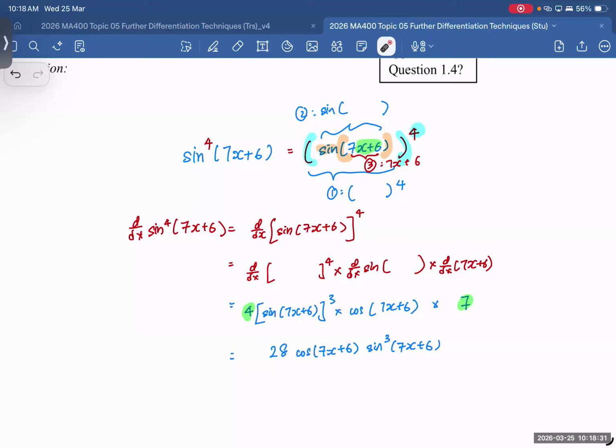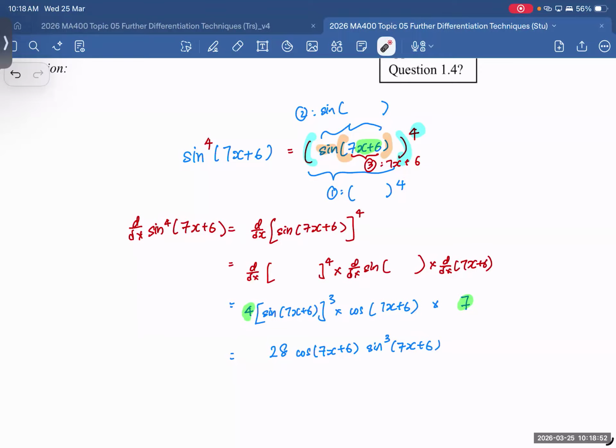I write it this way. This is the same as sine 7x plus 6. Layer 1 is red, layer 2 is blue, layer 3 is orange.